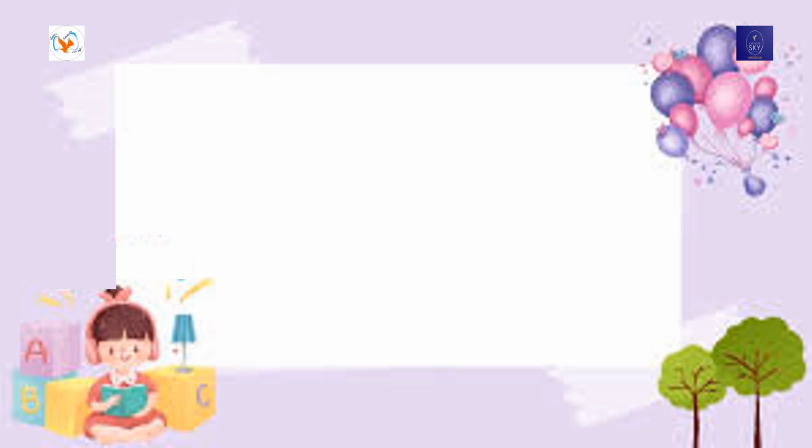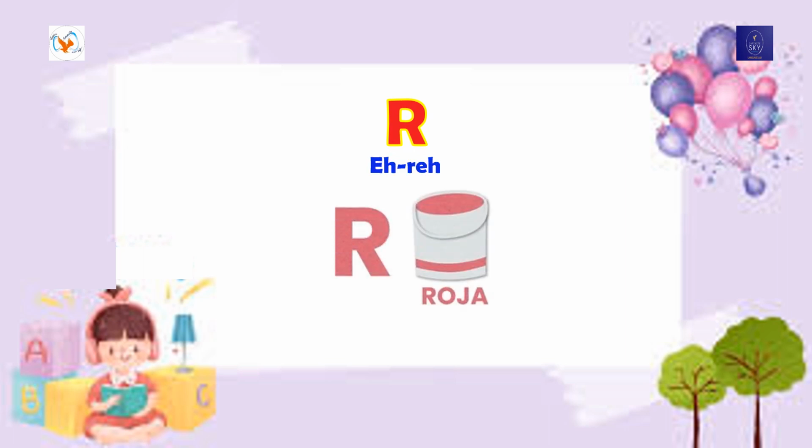And now on to R. In Spanish, R has a unique rolled sound, R. This rolled R sound is a distinctive feature of the Spanish language. Moving on to S. In Spanish, it is pronounced as esse.